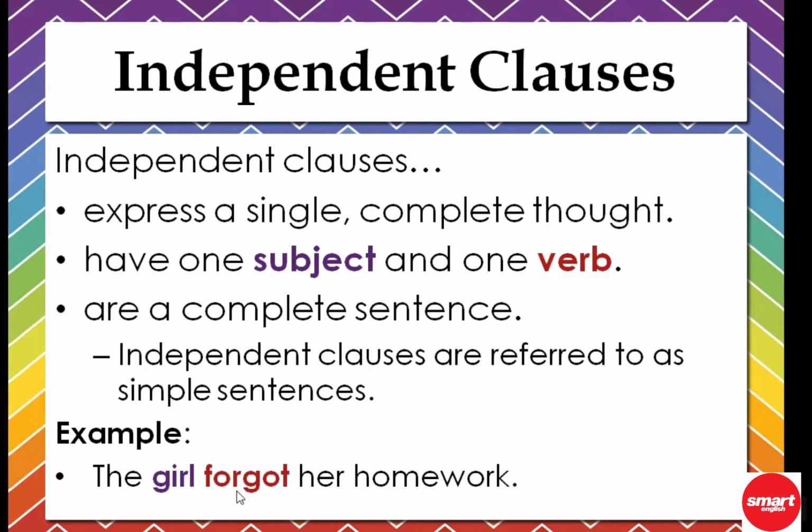One subject. Forgot is the verb. How many verbs or predicates? We have one. So this is an independent clause because it can stand alone. It is a complete thought, and at the same time it is a simple sentence because it has one subject, the girl, and one predicate or verb, forgot.